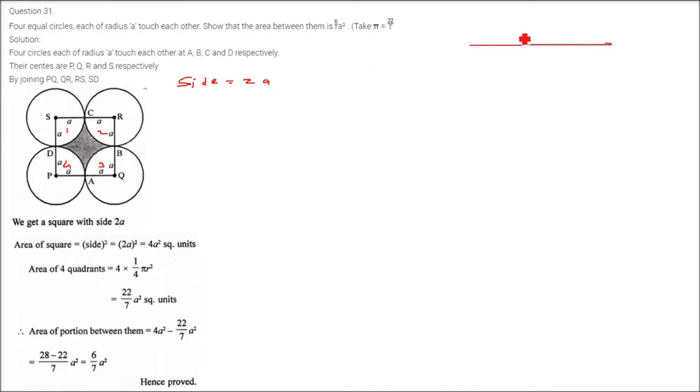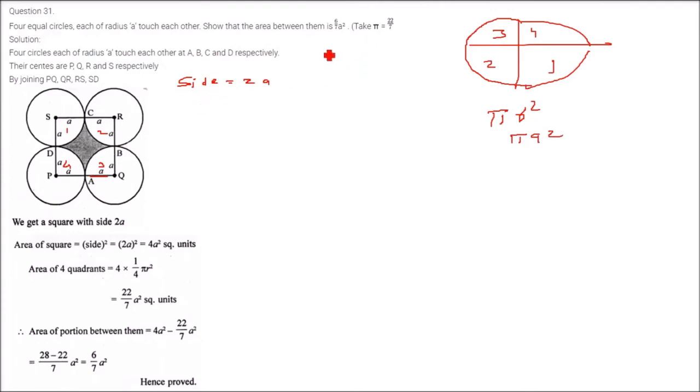So we have these 4 quadrants: 1 is this one, 2 is this one, 3 is this one, and 4 is this one. They are forming a circle. So what is the area of the circle? Pi r square. What is the radius of the circle here? a. So pi a square.